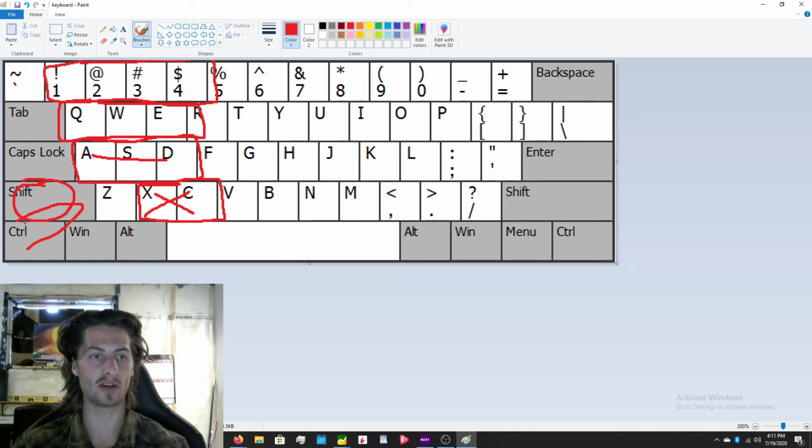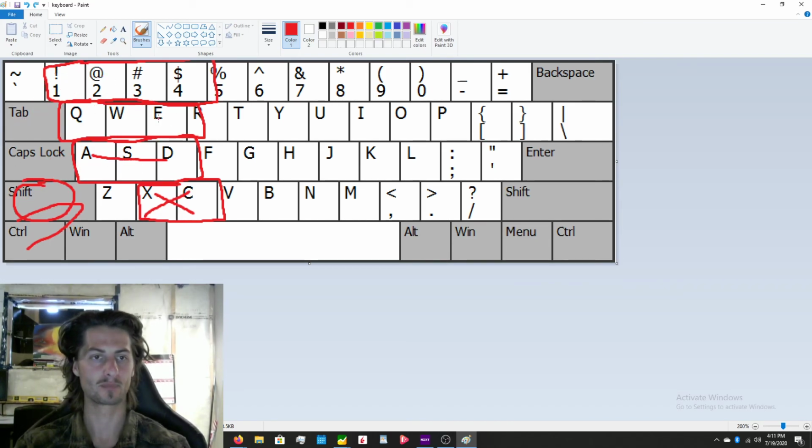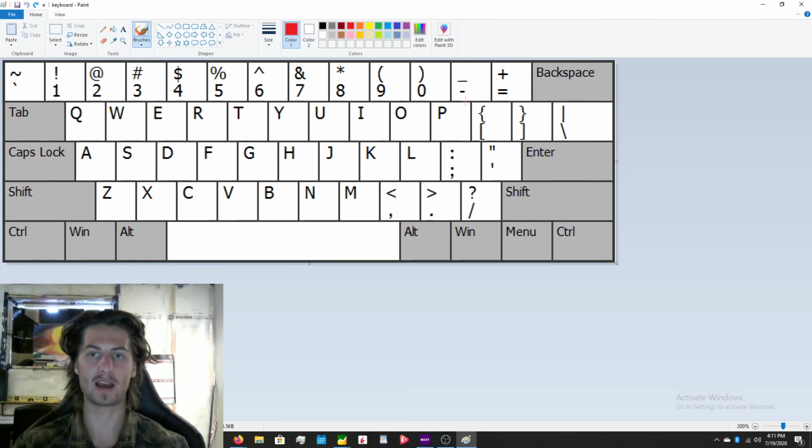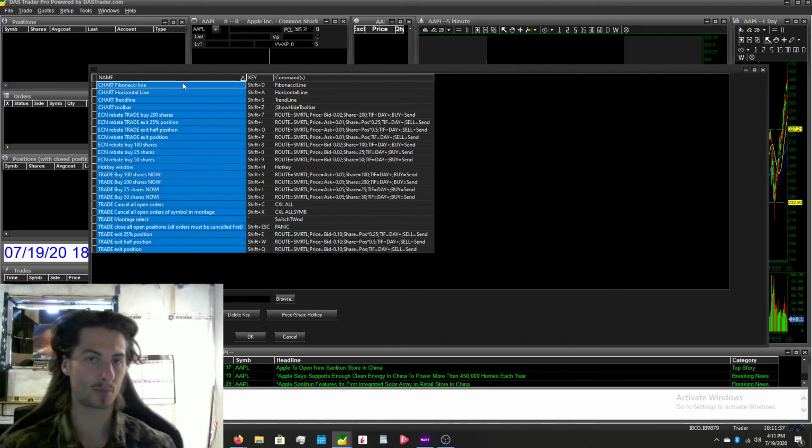Once again, my thumb is over on Shift, and my pointer finger, middle finger, and other fingers are on my keyboard like that as I trade. And on this side, once again, we have the exit my position on the ask, above the ask, my entry below the bid for long, and that's it. That is it, guys. Pretty simple, pretty straightforward.